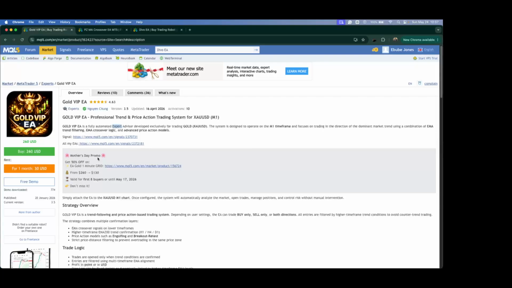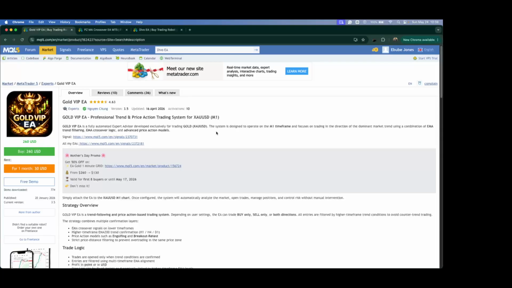Let's start with what the developer claims. Gold VIP is built specifically for gold on the 1 minute time frame. And according to them, it's a trend following system that combines EMA trend filtering on higher time frames like the 1 hour, the 4 hours, or daily, and it uses this to establish the overall market bias.